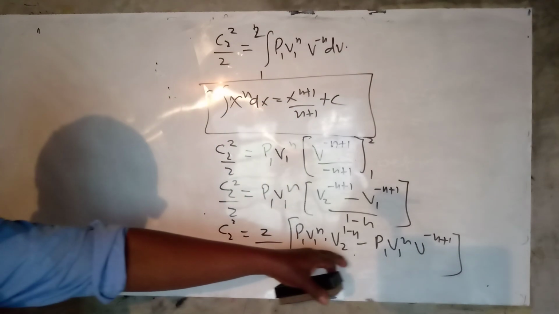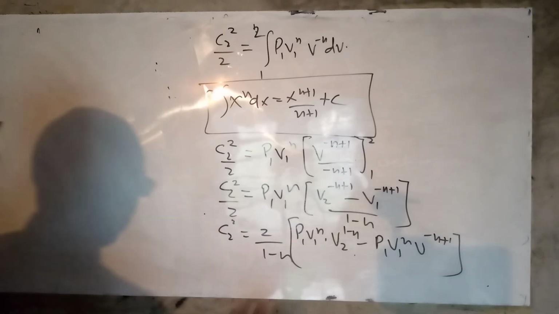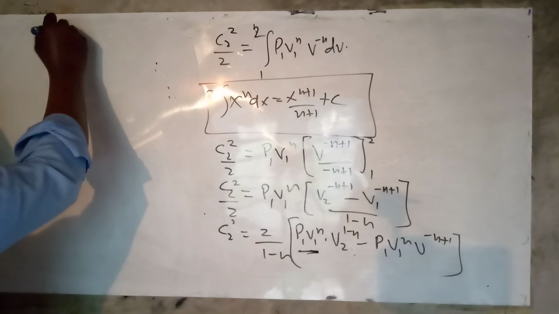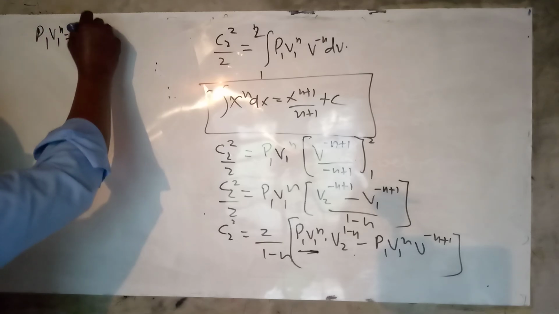So once again, we can simplify this. Remember, we know that P1 V1^n is equal to P2 V2^n.